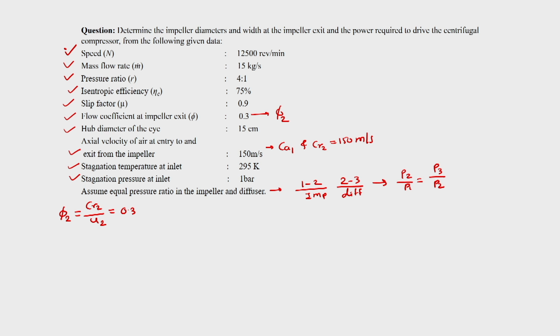We are not given U, but we are given this velocity, which is 150 meter per second. So we know CR2 is 150 meter per second, phi is 0.3, and this expression helps us to find U2.